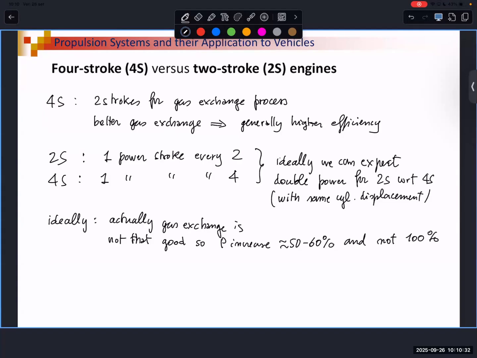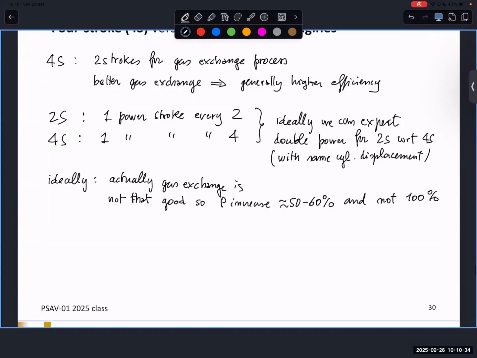Other comparison, in a four-stroke engine, we need valves. Commanded valves, so there is a mechanism that has to command the opening of the valves, because we have two revolutions for one cycle.